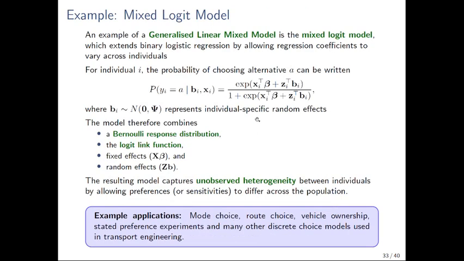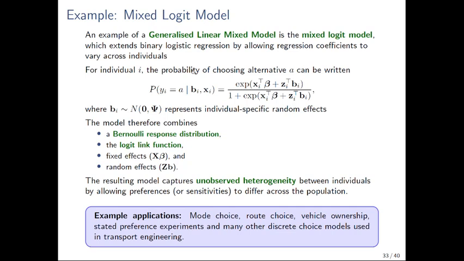And let me just give an example of a generalized linear mixed model. This is one that will be familiar to people in the transport field. It's called the mixed logit model, and it's used very extensively in transport. It extends binary logistic regression by allowing the regression coefficients to vary across individuals.